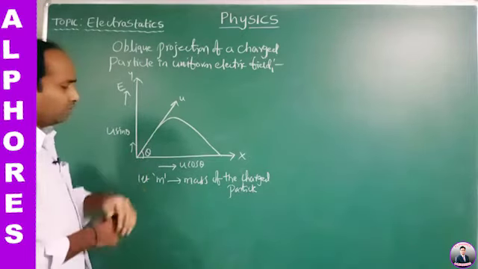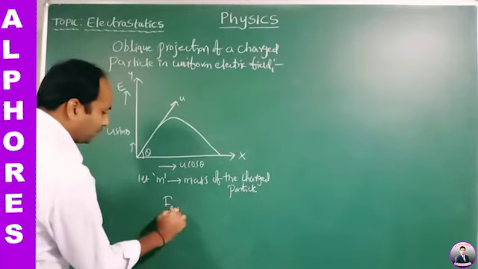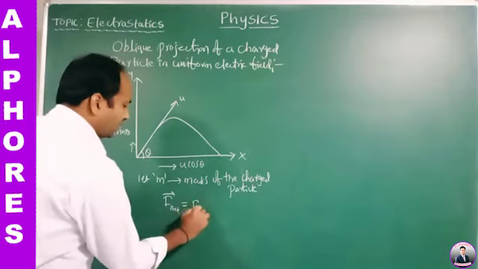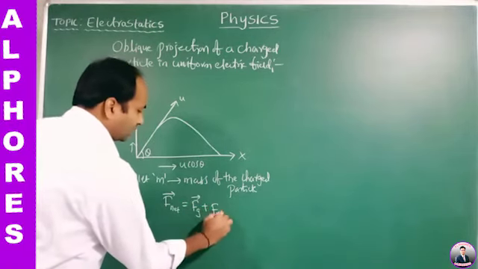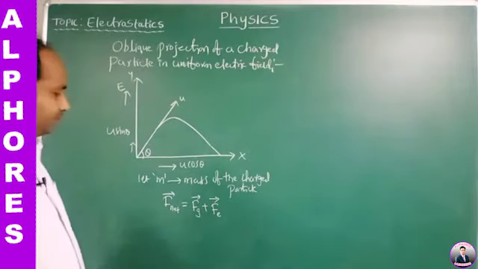Now what is the net force acting on the charged particle? The net force F net acting on the charged particle is the vector sum of the gravitational force and electric force, Fg plus Fe.